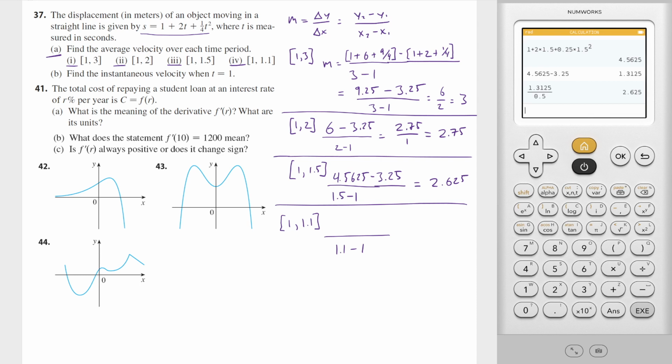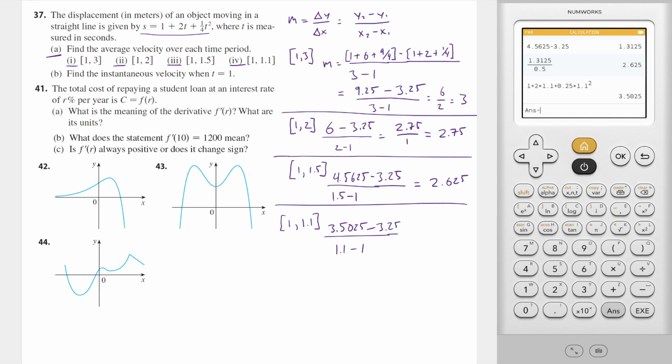So 1 plus 2 times 1.1 plus 0.25 times 1.1 squared, and that's going to equal 3.5025. 3.5025 minus 3.25.